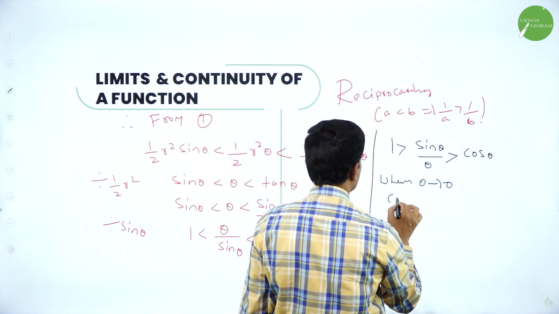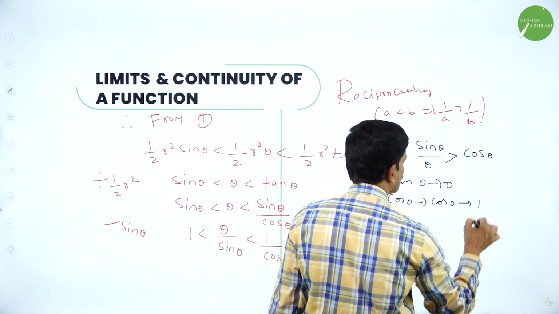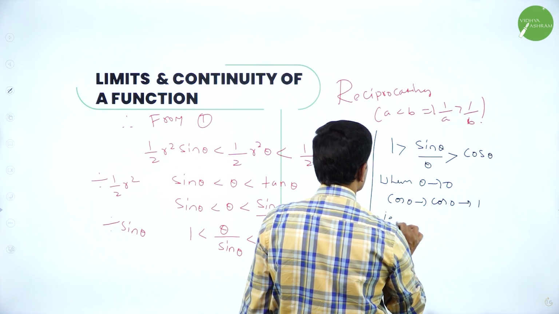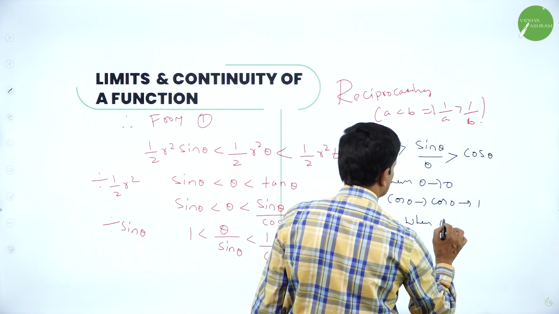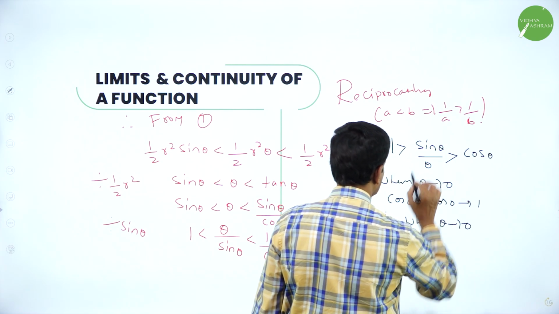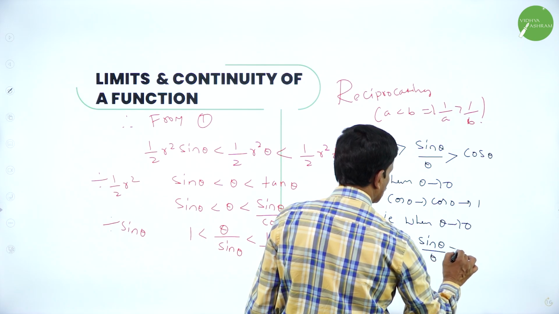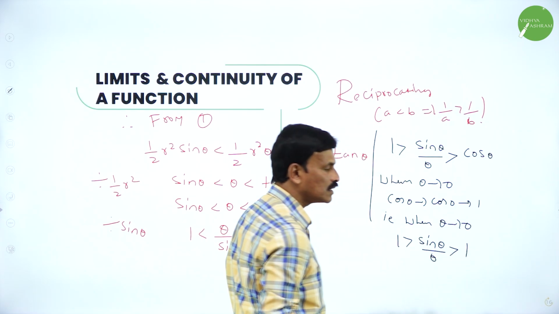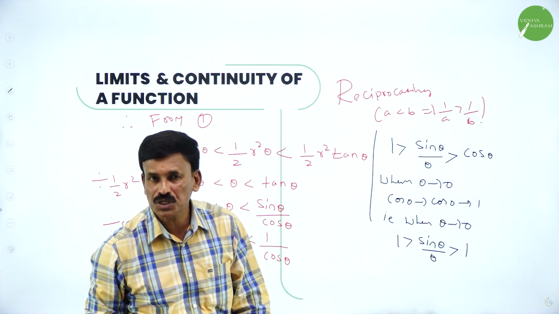what happens? This cos theta tends to cos 0, which is 1. That is, when theta tends to 0, this becomes 1 is greater than sin theta by theta, which is greater than 1. That means sin theta by theta lies between 1 and 1 when theta tends to 0.